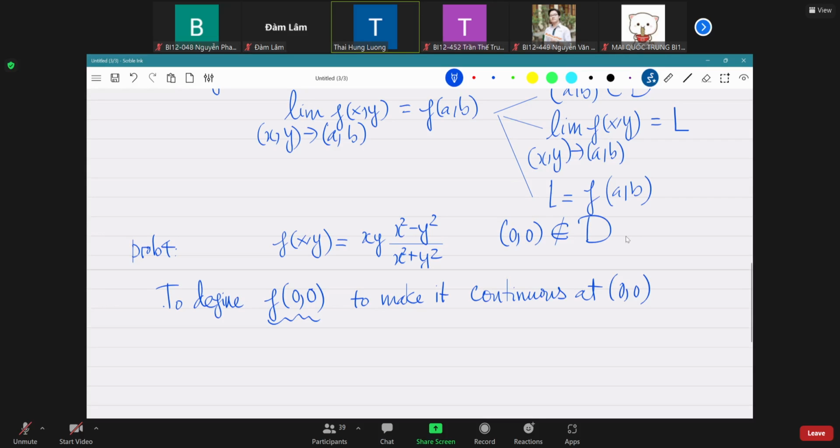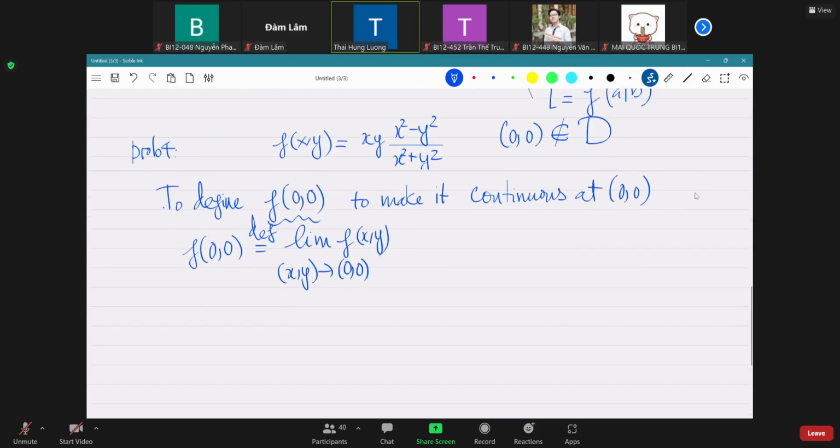So that means we need to find the value of the limit of function f when (x, y) tends to (0, 0). After finding this limit, we can define the value of the function f equal to this value.